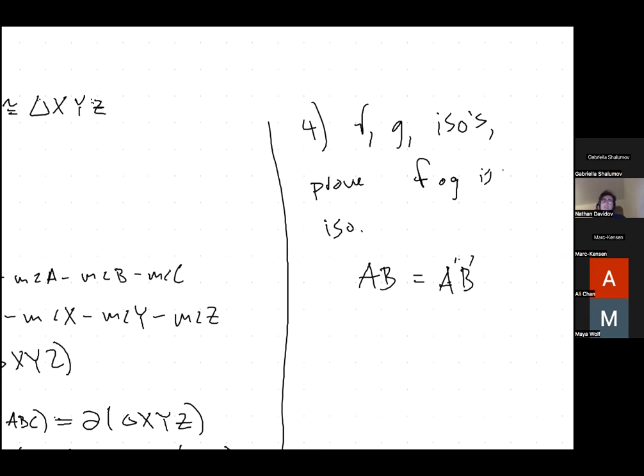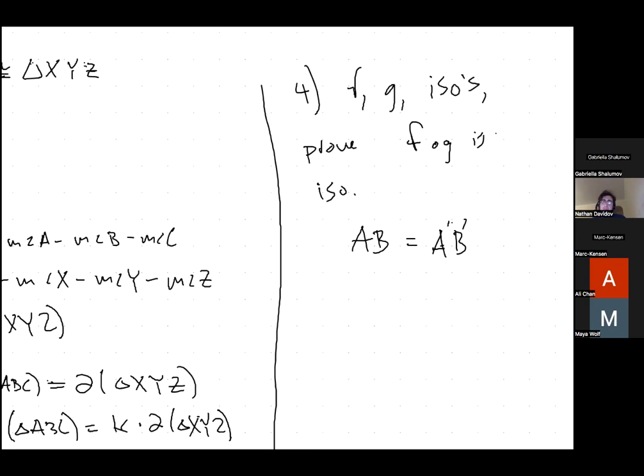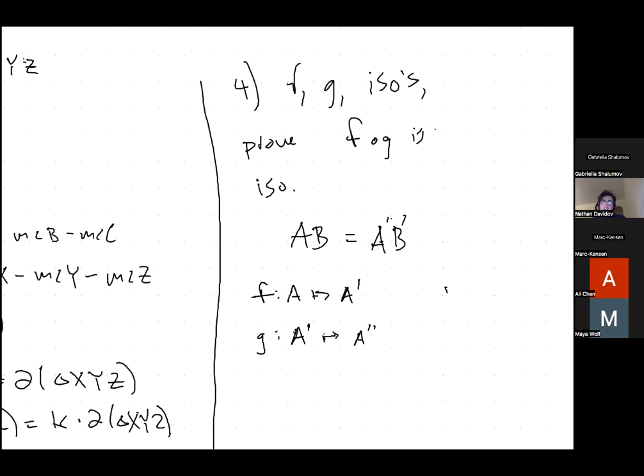Suppose that F maps A to A prime, G maps A prime to A double prime, and also F maps B to B prime, and G maps B prime to B double prime.